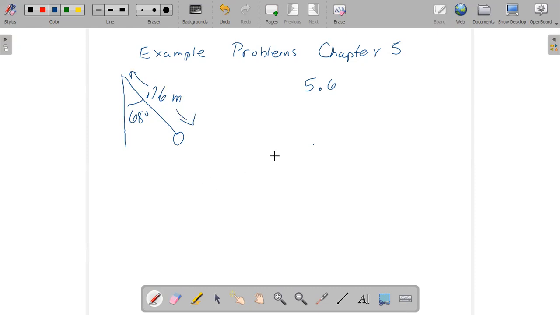All right, so sum of the forces in the y: T cos theta equals mg.